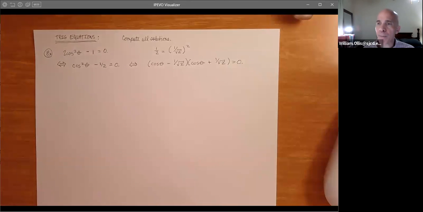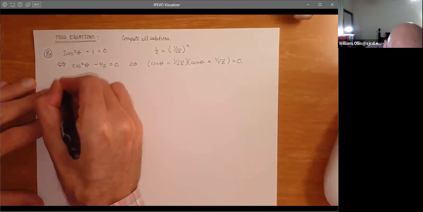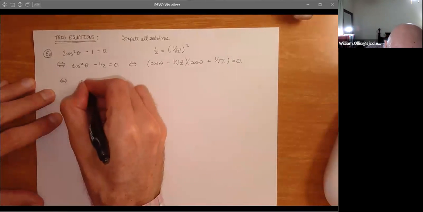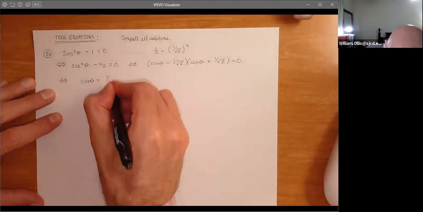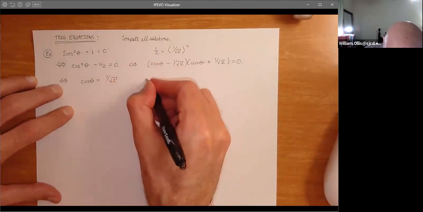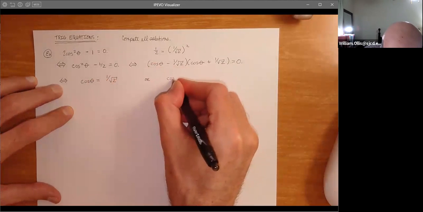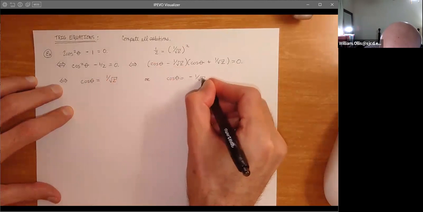So now we have to think about the unit circle. So what does this mean? By the zero product property, cosine theta would be equal to 1 over root 2 if we just transpose the 1 over root 2, or cosine theta equals negative 1 over root 2.